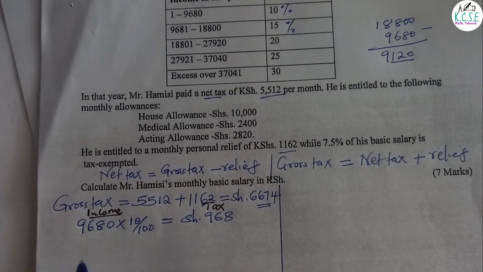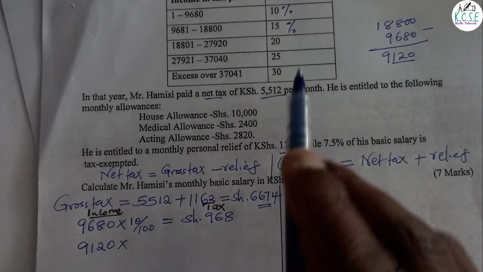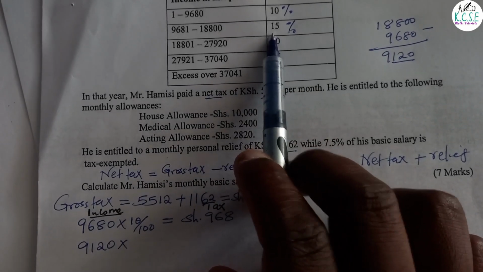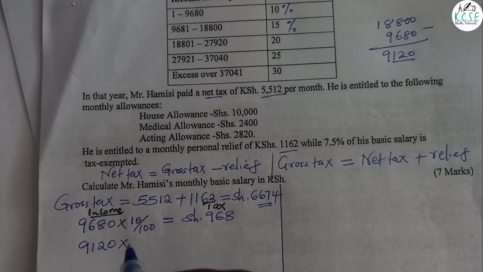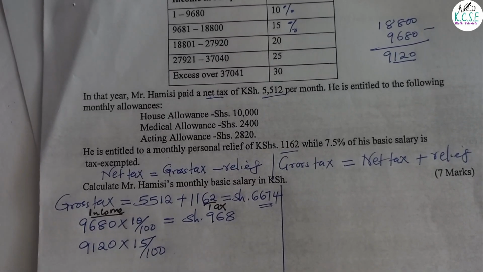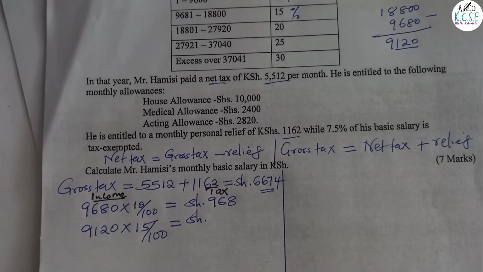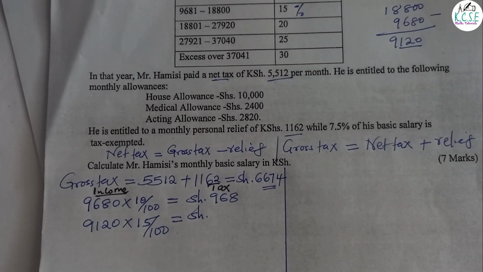So the size of that slab is 9120. Then the taxation rate is 15%. So 15 divided by 100, and this will give 9120 times 15%. This will give 1368.